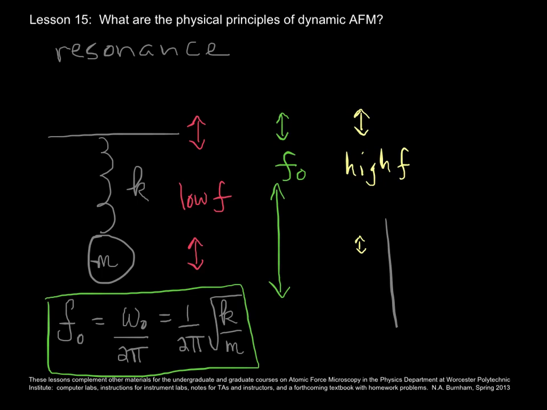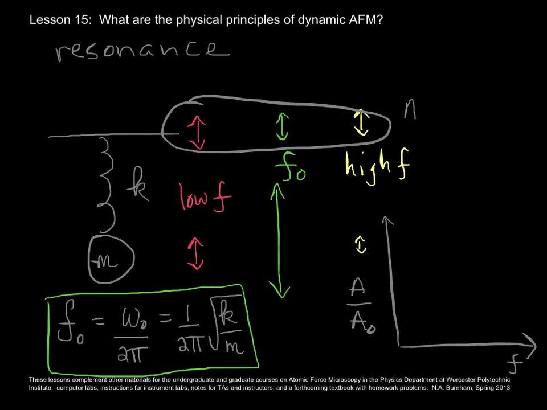If we plot that with the response, I'm going to call it amplitude over A0, where A0 is the excitation amplitude, then at low frequency this is equal to 1, and then we go up to the resonant frequency and then we drop right off.